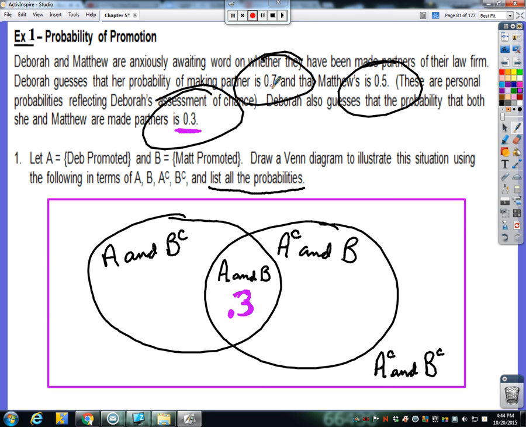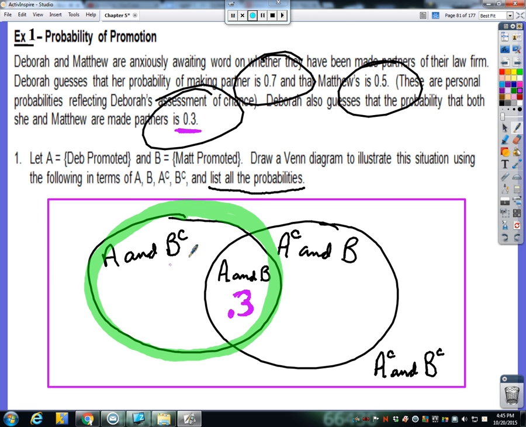Now, it said Deb has a 70% chance of making partner, but that includes any scenario where she is made partner. That 70%, if we look at our Venn diagram, is all of this bubble. In all of these situations inside this bubble, Deb is made partner. But look, we've already got 30% of it taken care of right here, where she and Matt are both made partner.